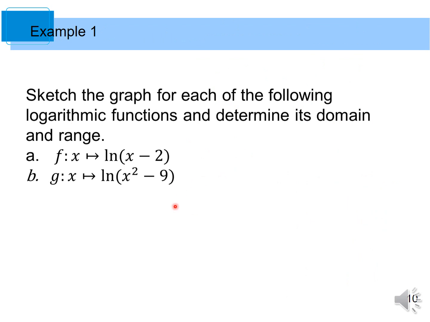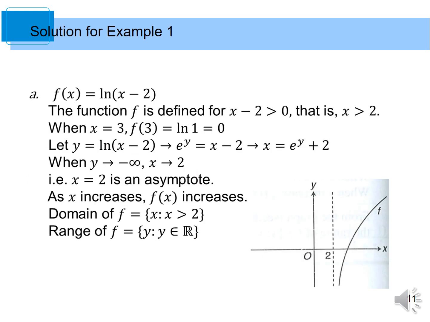The first example: sketch the graph for each of the following logarithmic functions and determine its domain and range. We have f(x) equal to natural log of (x minus 2).